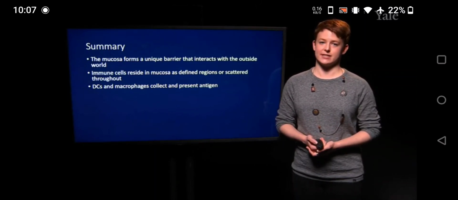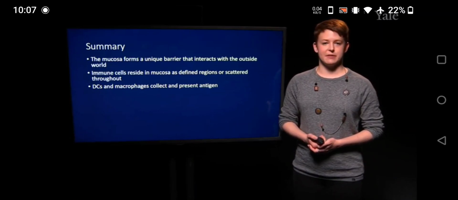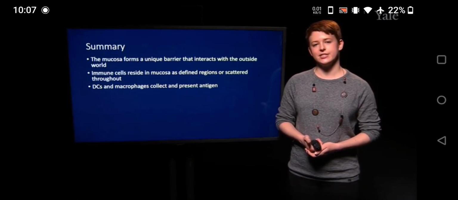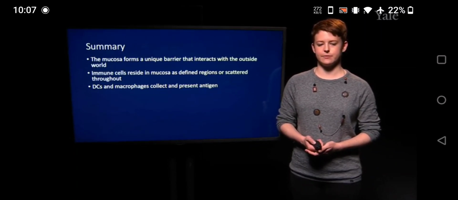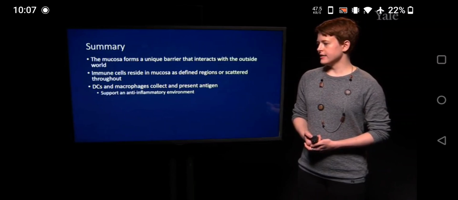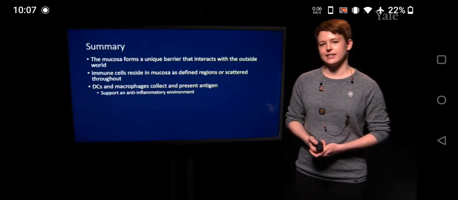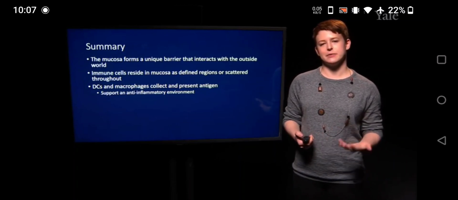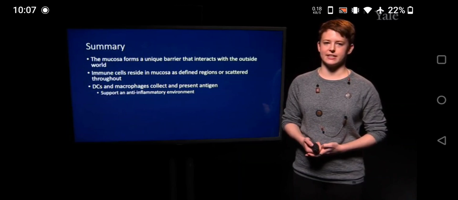And when there's an anti-inflammatory environment, this antigen presentation typically leads more to tolerance, as we mentioned. So this supports an anti-inflammatory phenotype. So we're not seeing a large inflammatory response or disease if the things that the gut is coming into contact with are not pathogens.